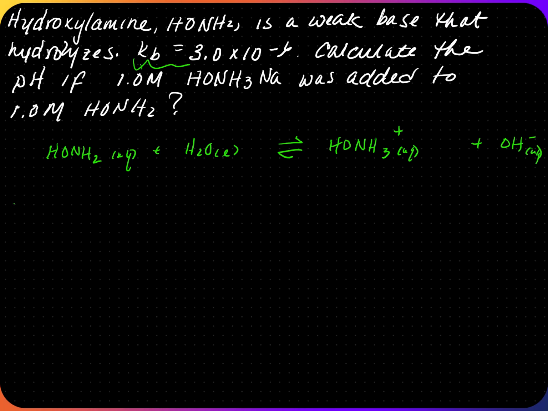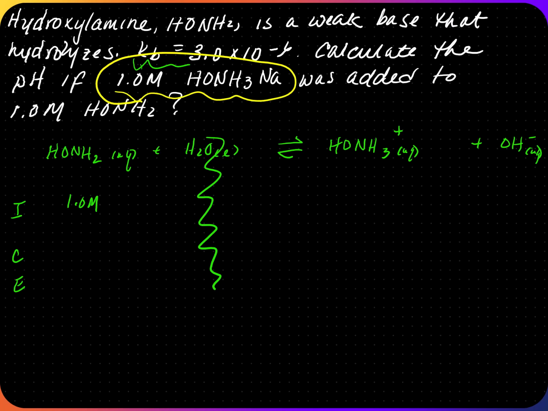We're going to set up an ICE table. Initial concentration of the base is 1.0 molar. Water does not count because it's liquid. This is a common ion effect because we have the hydroxylamine salt with the sodium. So this would dissociate into HONH3 plus and Na plus.